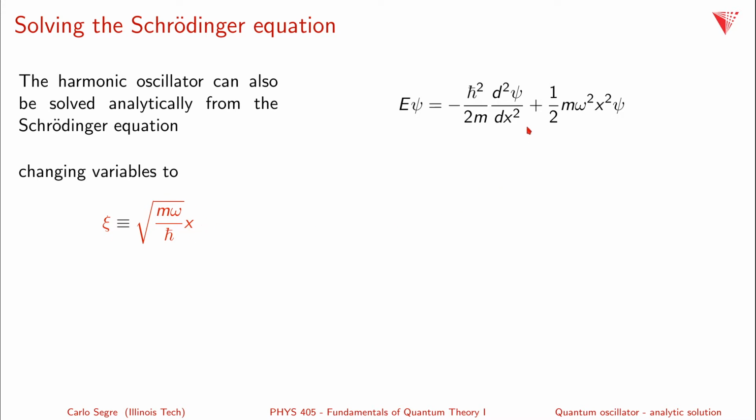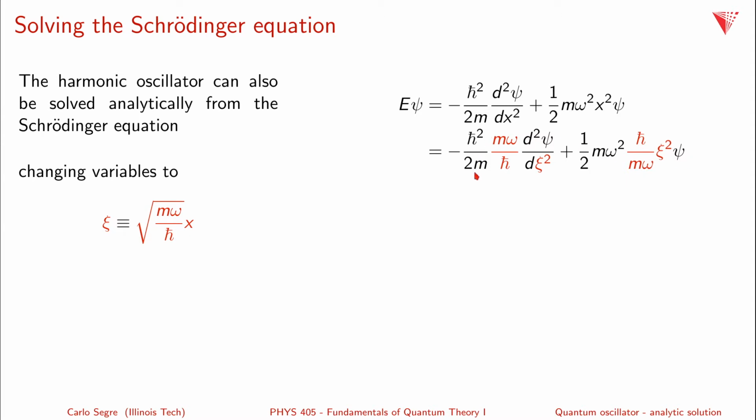We now can replace the dx squared and the x squared. When we replace the dx squared in the denominator, we get this squared in front. So we get minus h bar squared over 2m, m omega over h bar, d squared psi dxi squared. And when we replace the x squared in this term, we'll get 1 over this squared. And so we have for this 1/2 m omega squared, h bar over m omega, xi squared psi.